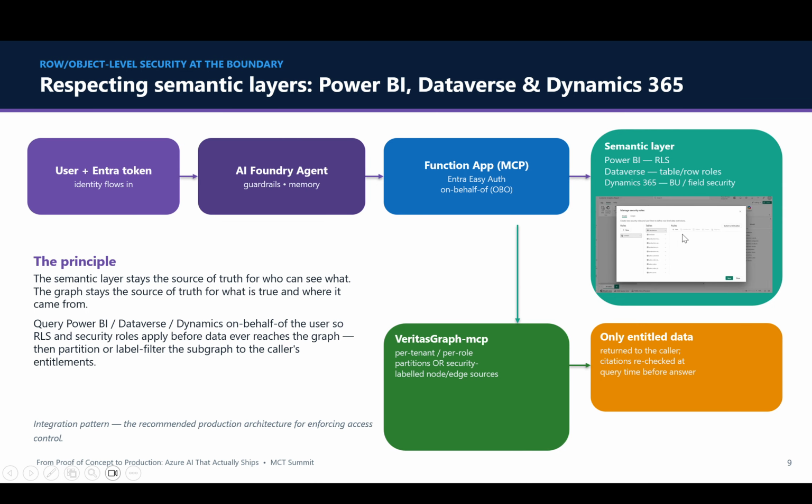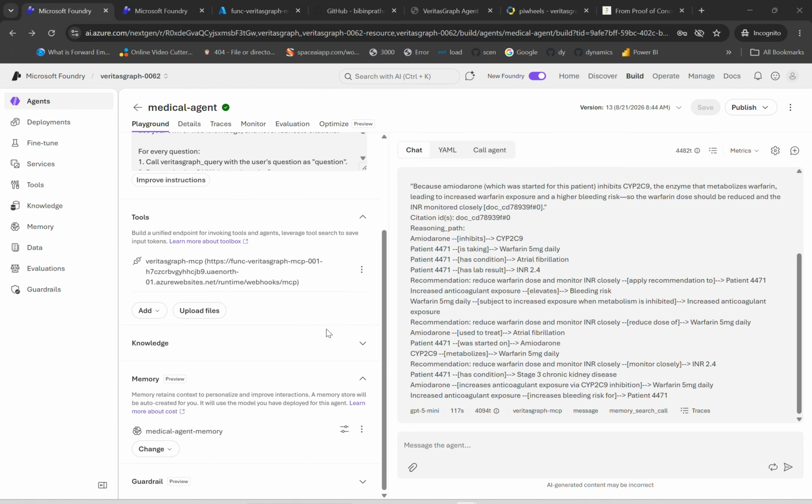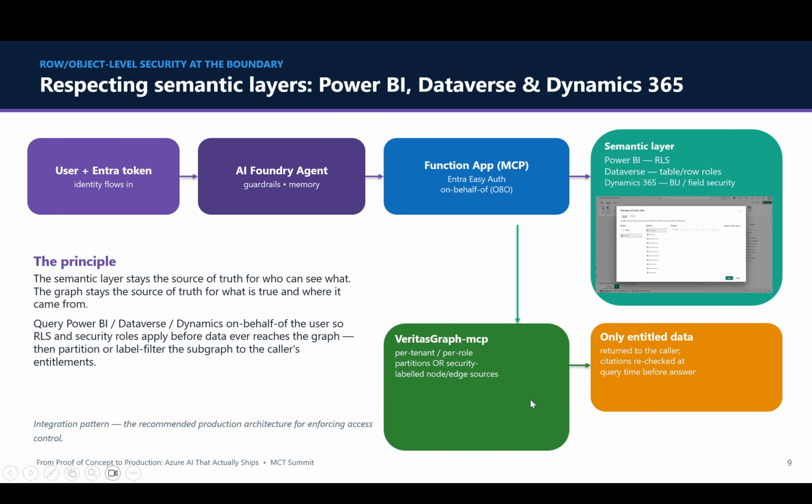Then that list of patients will go to the second MCP tool for reasoning, and it will give the answer. So this semantic layer acts as the source of truth for who can see what, and the VeritasGraph MCP, the knowledge graph MCP, acts as the source of truth for what is true and where it comes from.